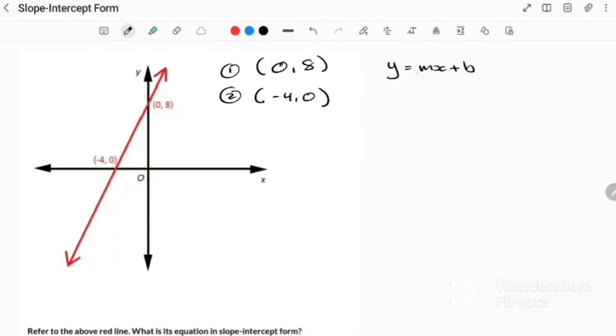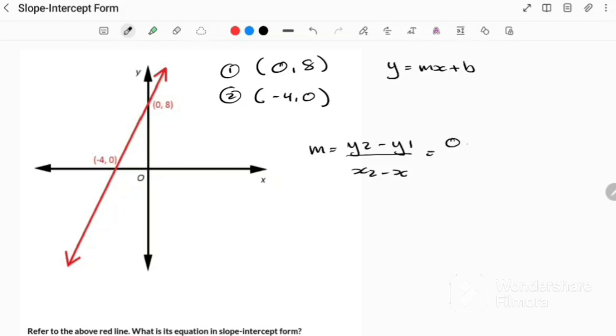So let's do it the same way we did the first question. Here, we'll go ahead and find m, first step. And we know that m, the formula for m, or our slope, is y2 minus y1 over x2 minus x1. Here, since we're considering -4, 0, this is our second point. y2 is 0.